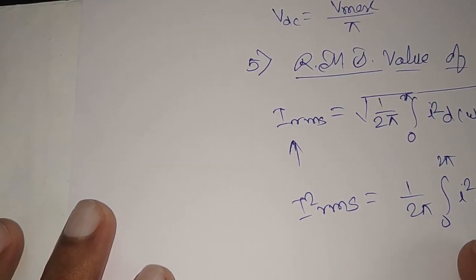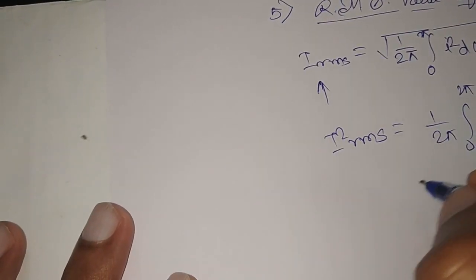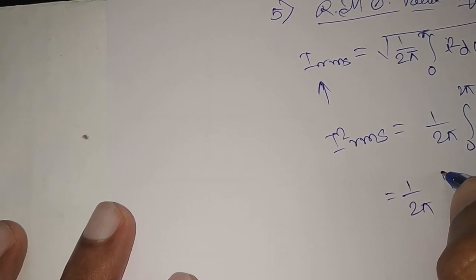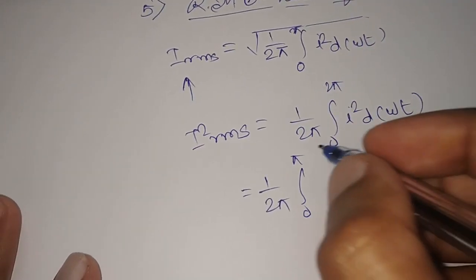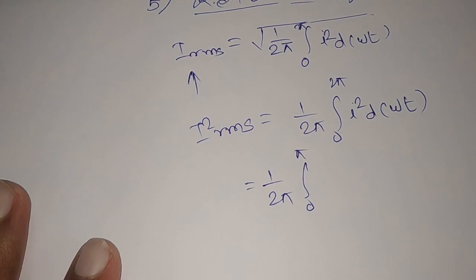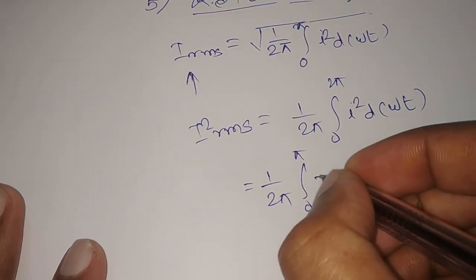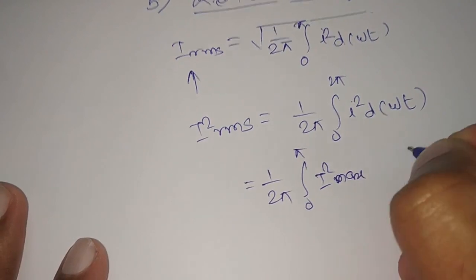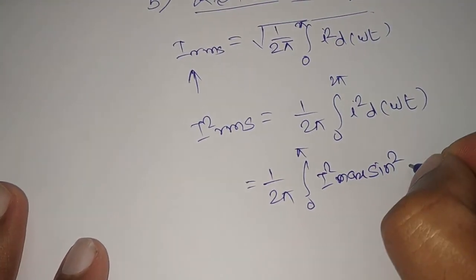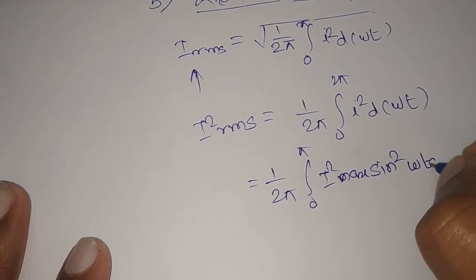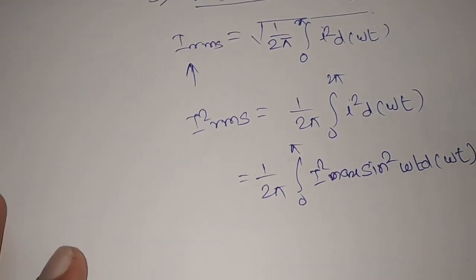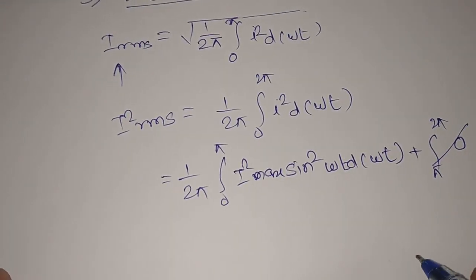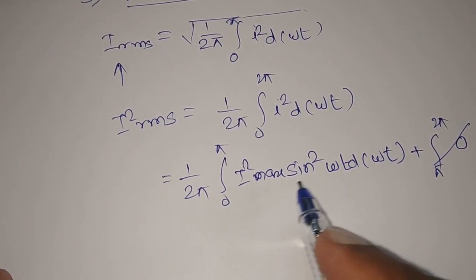For I we have I max sine omega t, so it will be I square 1 upon 2 pi. So for first cycle we will take 0 to pi. For 0 to pi we can write I square max sine square omega t d omega t. Now pi to 2 pi term will be anyhow 0, so we will neglect this term. We will solve only this term.